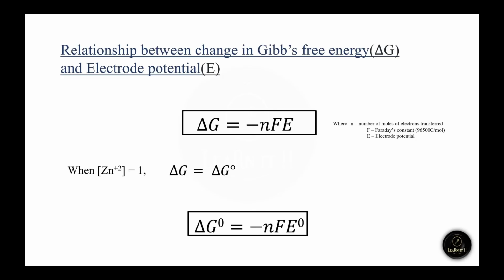Let us visualize all these concepts using a single image. Consider a scale in which the concentration of Zn+2 is mentioned, along with the change in Gibbs free energy and electrode potential. We know that the concentration of Zn+2 increases during the reaction because of oxidation.